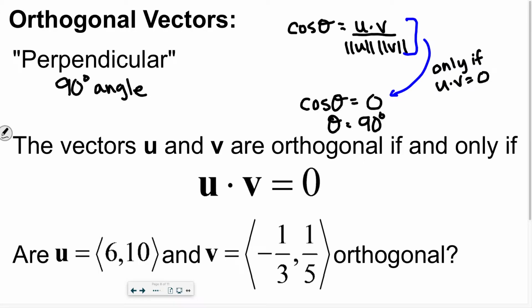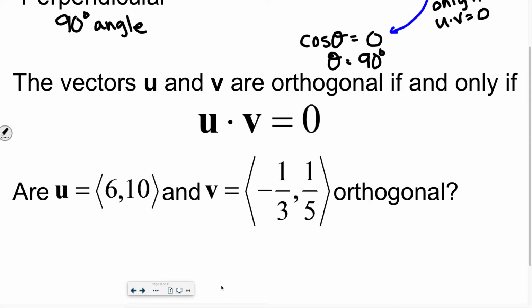So, shortcut: two vectors are orthogonal if and only if their dot product is 0. If I ask you whether two vectors are orthogonal and you do the full formula and find out it's 90 degrees, same answer. Or it's not 90 degrees, same answer, yes or no, they're orthogonal, but way more work.